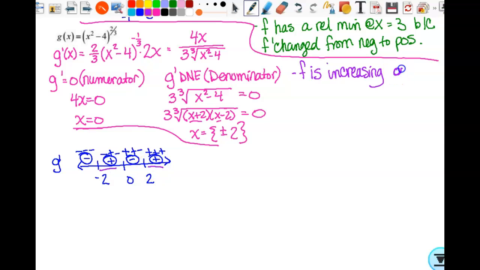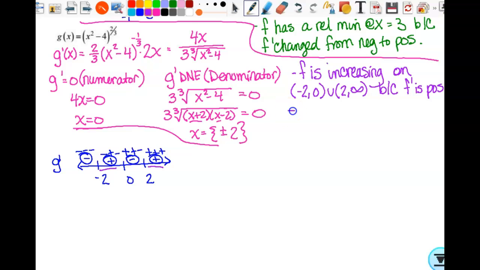F is increasing on the interval negative 2 to 0 and 2 to infinity because F prime is what? You just told me that. Positive. Okay. F is increasing when F prime is positive.